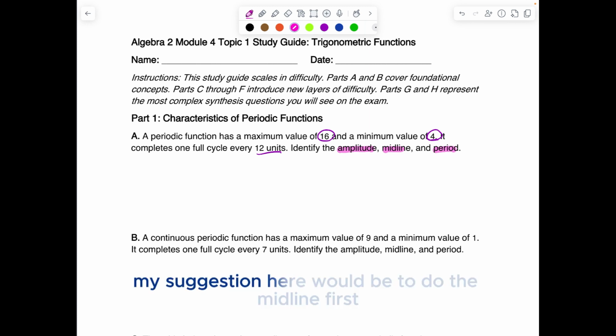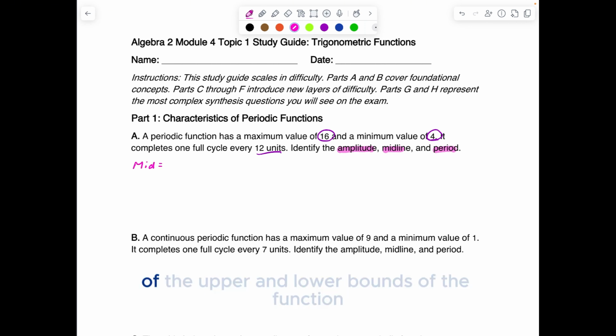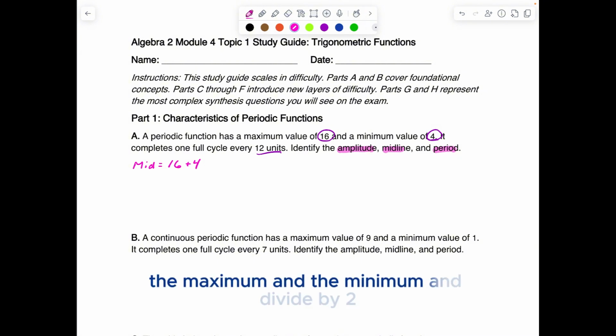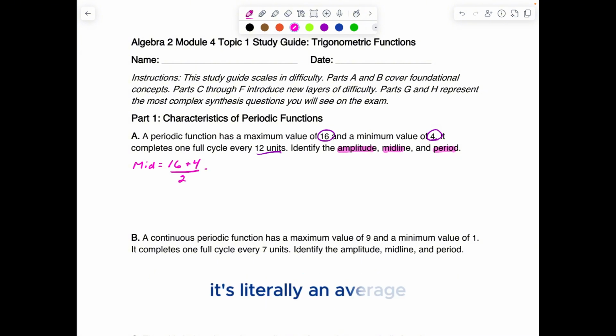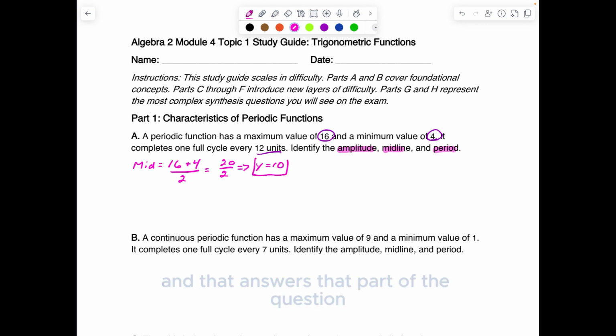My suggestion here would be to calculate the midline first, which is just an average of the upper and lower bounds of the function. All we have to do is add together the maximum and the minimum and divide by 2. It's literally an average. So in this case, we have 20 divided by 2, so our midline is going to be at y equals 10, and that answers that part of the question.